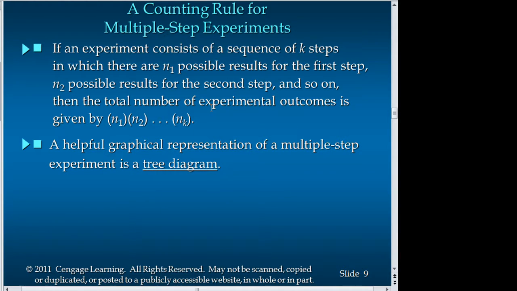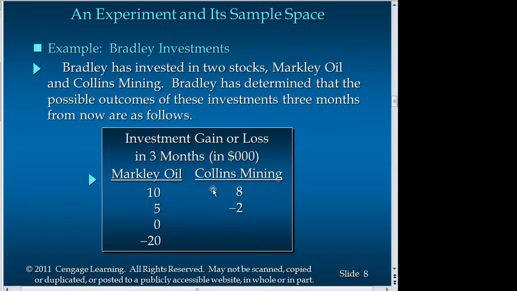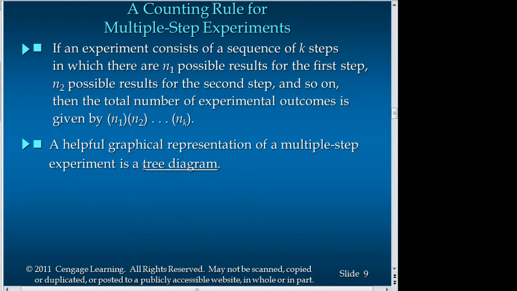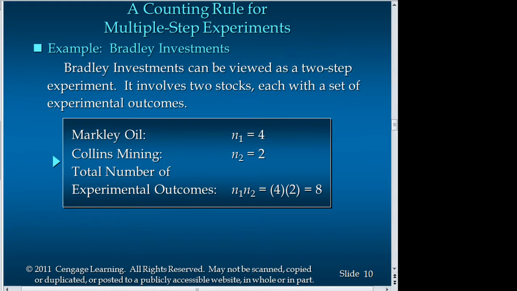Okay, so let's figure out how many possible cases there are for this, losing or gaining money, and we are going to use what's called the tree diagram. Once you see the diagram, it's not that difficult to see.